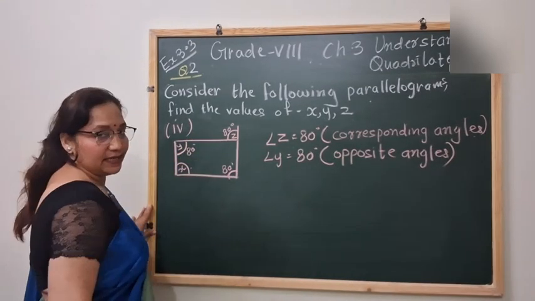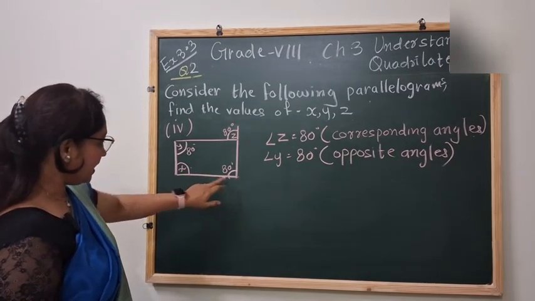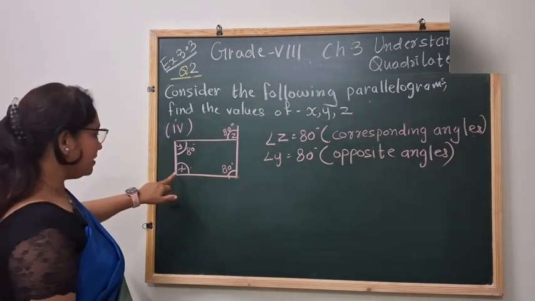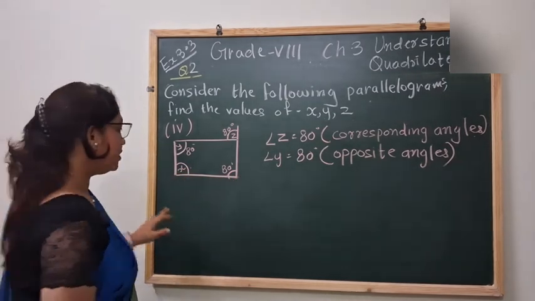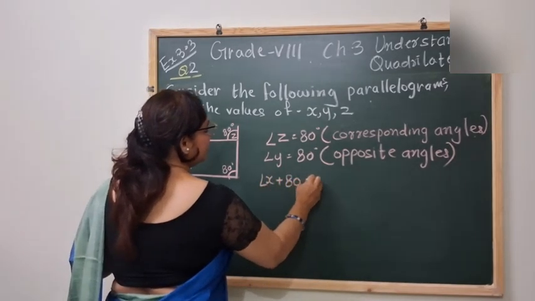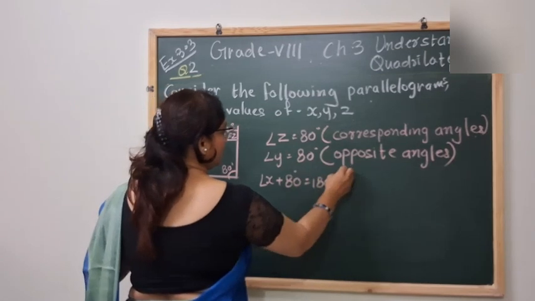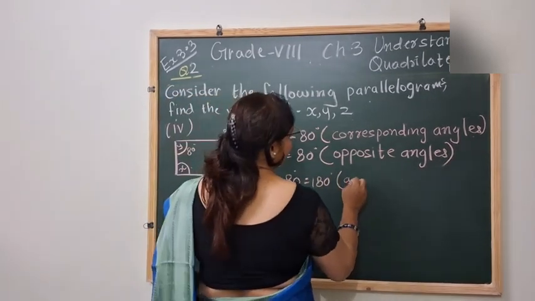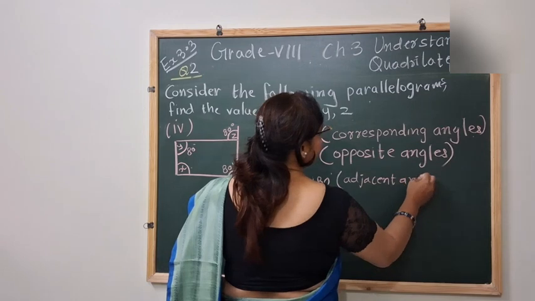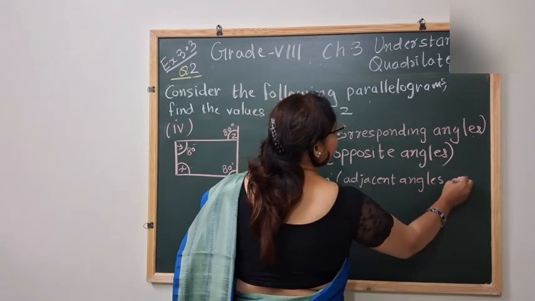Now we are left with angle x. Now angle x and this angle, that is 80, these two are adjacent angles, and adjacent angles are always supplementary. So can I say angle x plus 80 is equal to 180 degrees, because adjacent angles are supplementary.